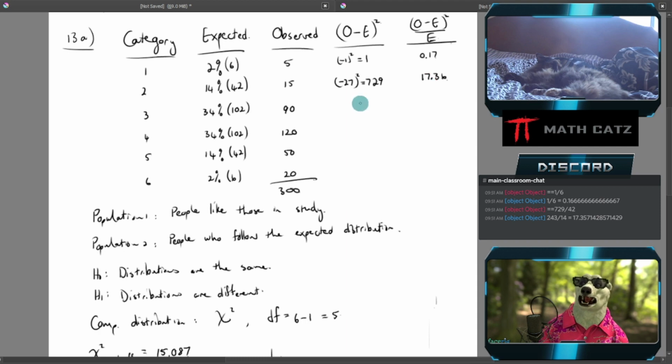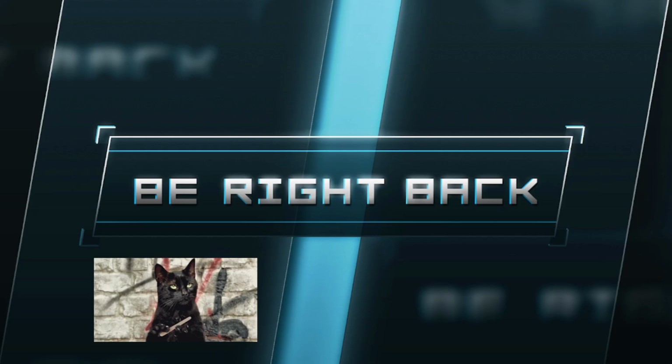Okay. So you can do it all in just one column. Observed minus expected squared, then divide by expected, and we're only interested in this last column. But if you feel the calculation is too big, break it up into smaller steps to make sure you're correct. We'll take a break here, pause, take as long as you want to fill in all these numbers, and then we'll continue.